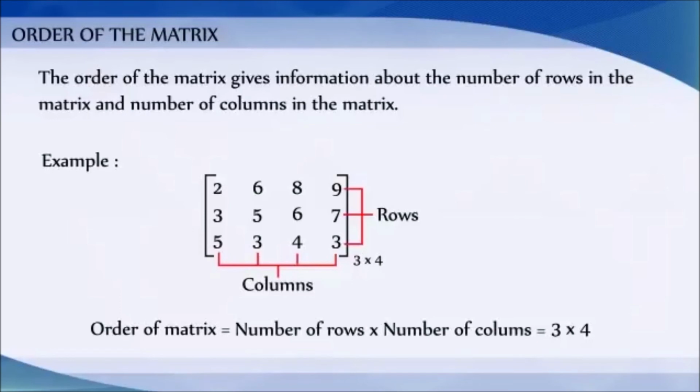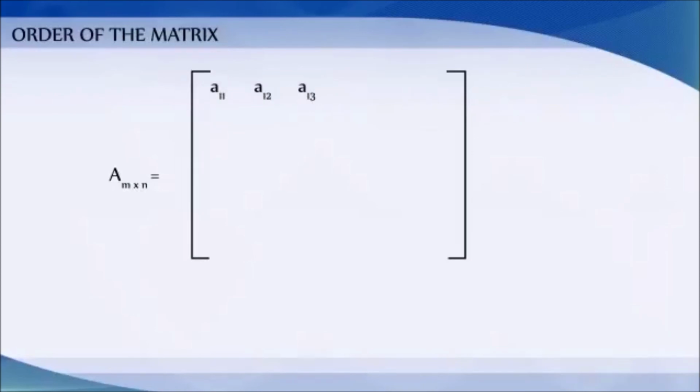In general, a matrix A of order m by n can be represented as A11, A12, A13, etc., A1j, etc., A1n as the first row, A21, A22, A23, etc., A2j, etc., A2n as the second row.